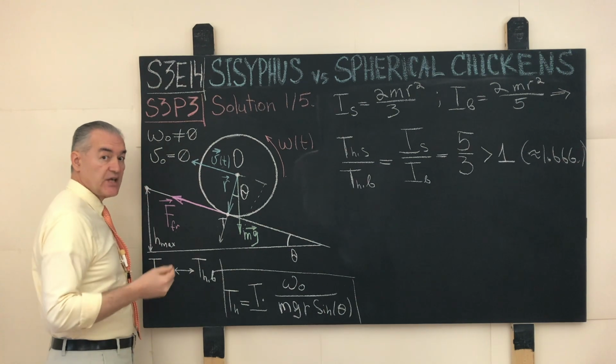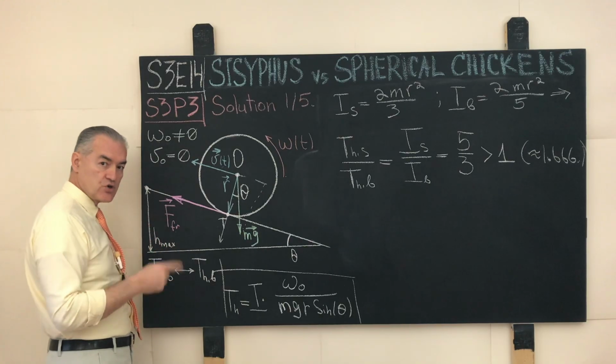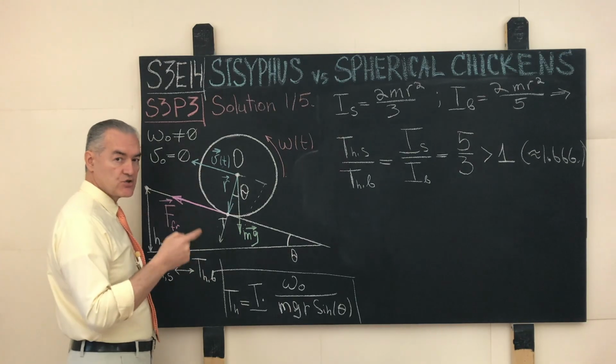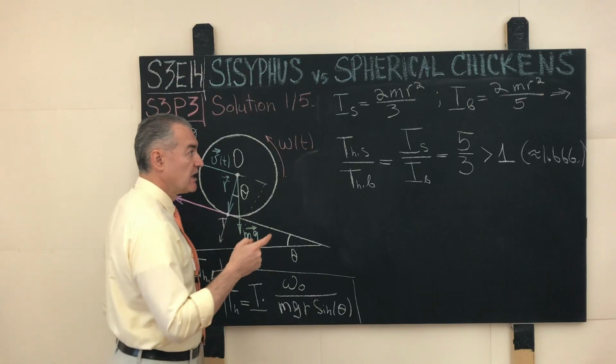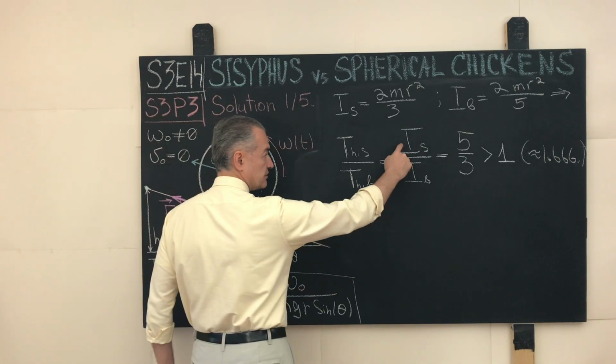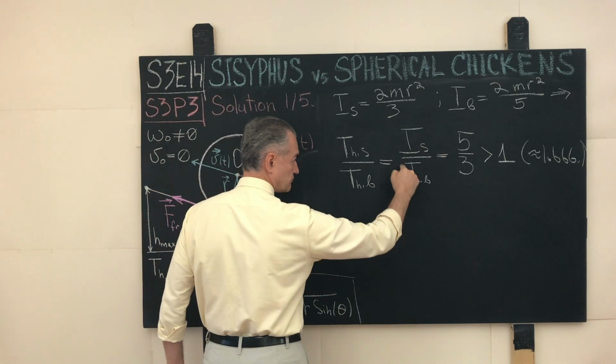It is expressed as a ratio of the moments of inertia with respect to the natural axis of symmetry. And this expression is shown over here.